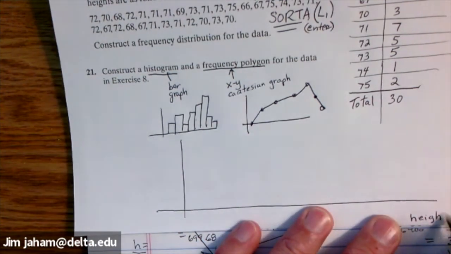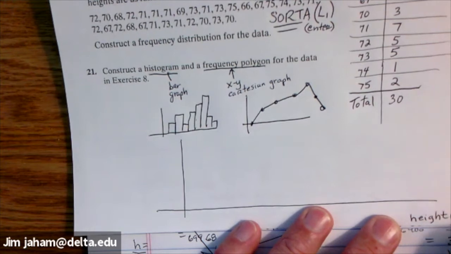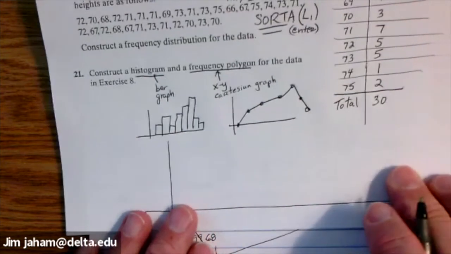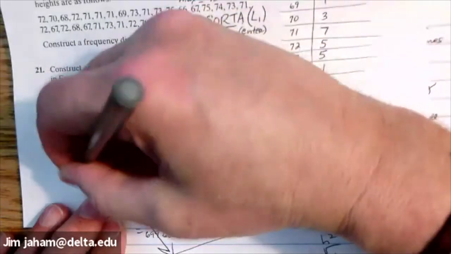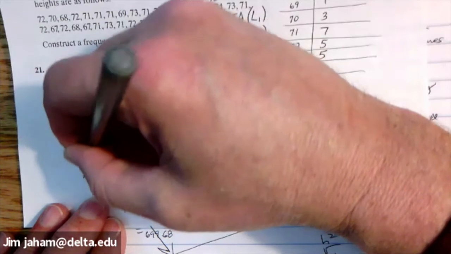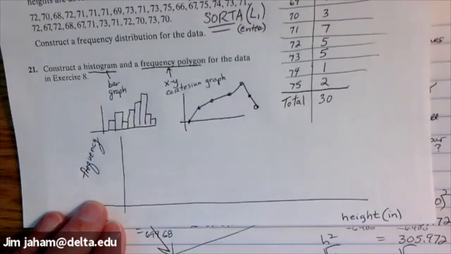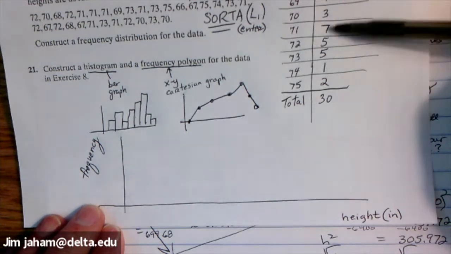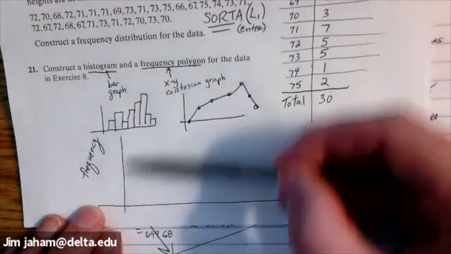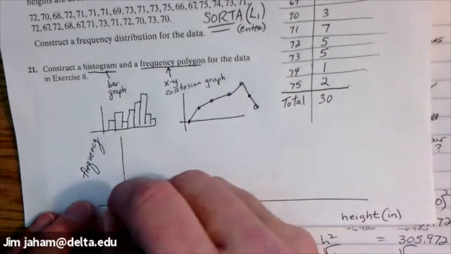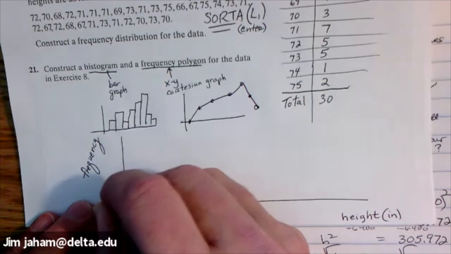Always label the axes, and the heights are in inches. And the vertical axis is the frequency. Just the count. So as we look through these frequencies here, the highest frequency is 7. That occurs when the height is 71. So we want to make sure that our vertical axis goes up to at least 7.